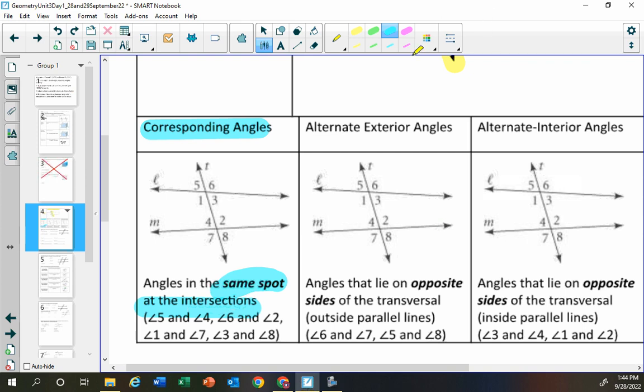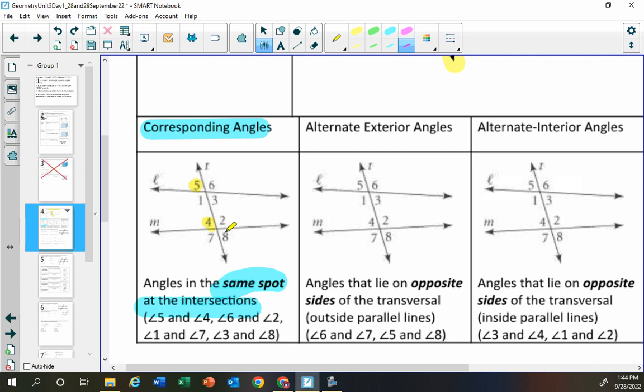For instance, I pick angle 5. Look at your other intersection. Which angle is at the same spot as angle 5? Angle 5 is in the upper left. So if you look at this other intersection, upper left, look at the bottom. So it's 5 and 4, they're corresponding.